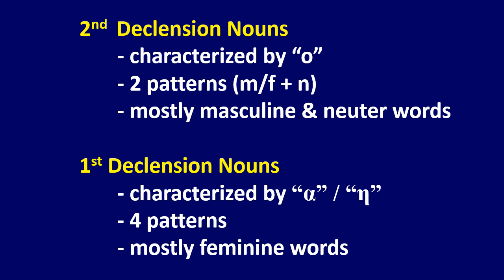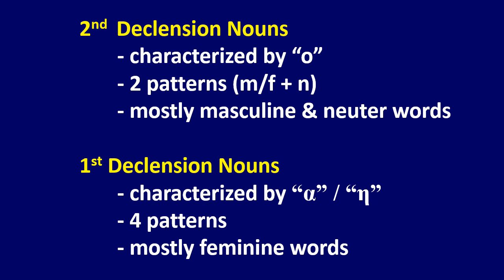Before I introduce the first declension nouns, let me just summarize the distinction between second declension nouns and first declension nouns. Second declension nouns are going to be characterized by the omicron, whereas first declension nouns are going to be characterized by alpha or eta. Likewise, second declension nouns have two patterns.